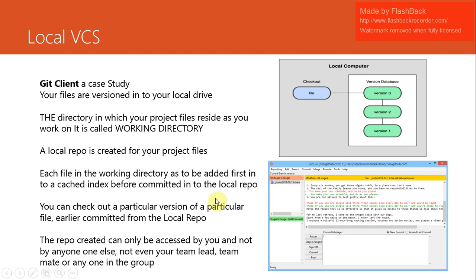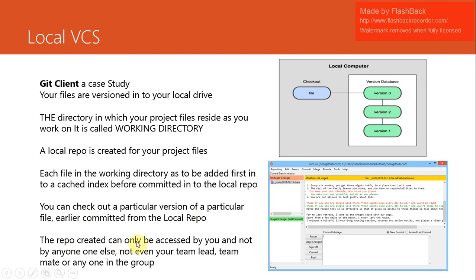You can check out a particular version of a particular file earlier committed from your local repo. Of course, that is the main reason why we are versioning. You can easily check back your version 1 or version 2 or version 3 or version X from your local repo back into your working directory to see what's in there.